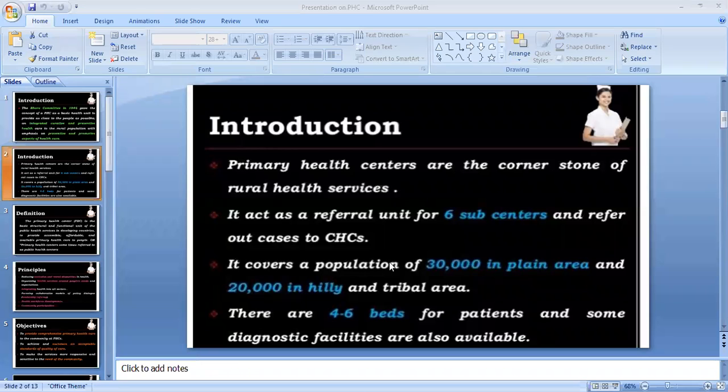So when you come back, you will get a posting like your seniors are getting. During that posting, you can see that in a primary health center there are not too many beds. There are 4 or 6 beds. After that, there are some little diagnostic facilities like laboratory tests and malaria blood tests.